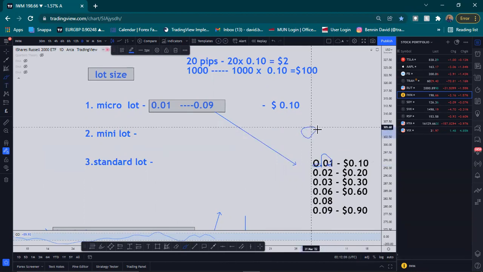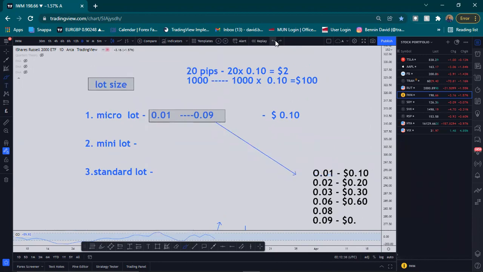So if you're using a lot size of 0.04, to know the amount of money you would make for every single pip, you move the decimal point from here to here. It will become 0.4, so that would be $0.40, right?